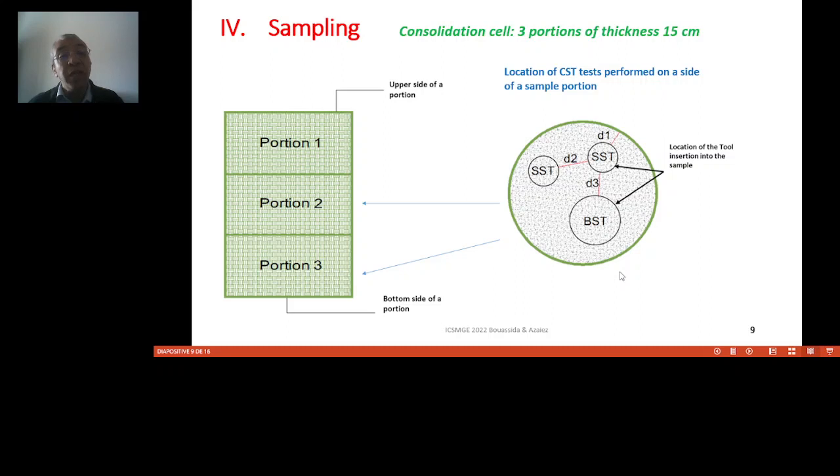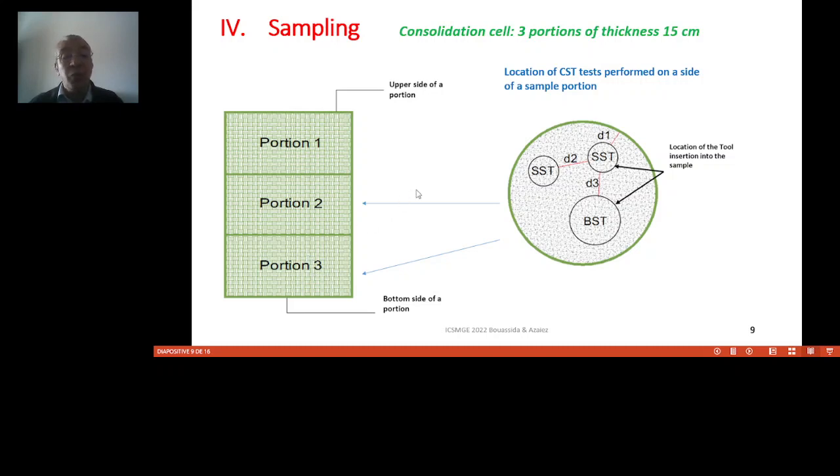Now, to obtain the sample we will use for testing from the consolidated Tunis soft clay in the consolidation cell, we have three portions. We cut it in three portions: portion 1, portion 2, and portion 3.